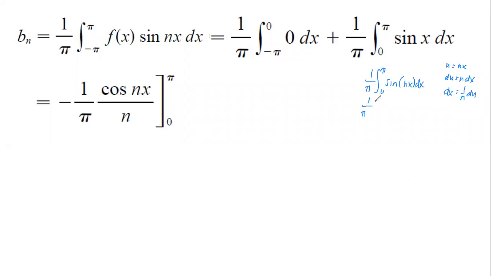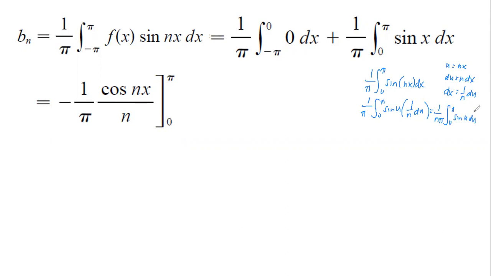So 1 over pi, sine u, 1 over n du. Again, we can factor out 1 over n, then times 1 over pi is 1 over n pi, no? So sine u du.